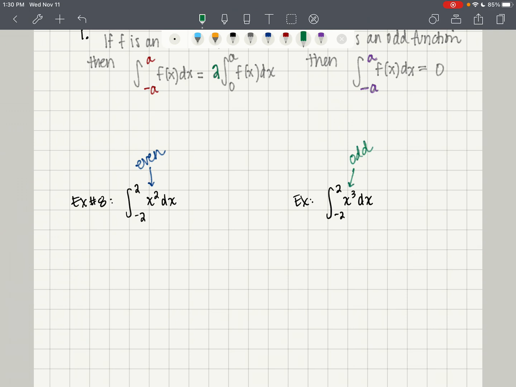When you can recognize your even and odd functions, negative 2 to 2, our lower limit of integration is the exact opposite of our upper limit, which means we're going to have the same half on the left as we do on the right of the y-axis. Therefore, we can rewrite this from 0 to 2 with a 2 on the outside. We're going to be doubling the half that we're evaluating.